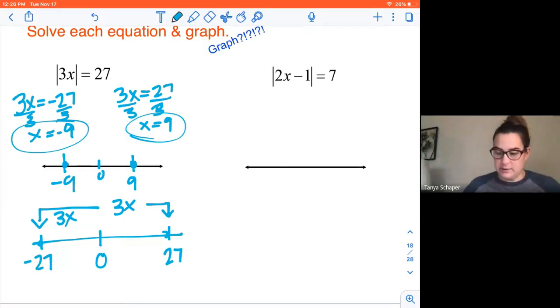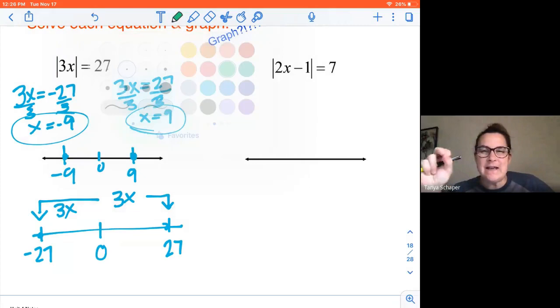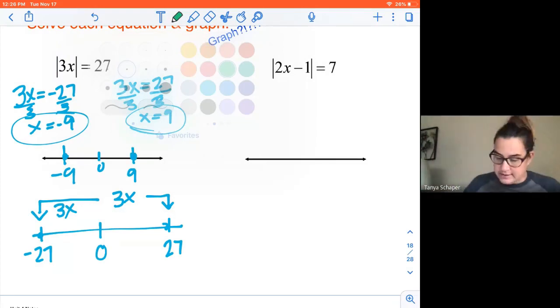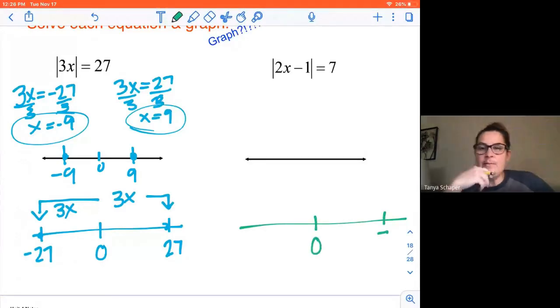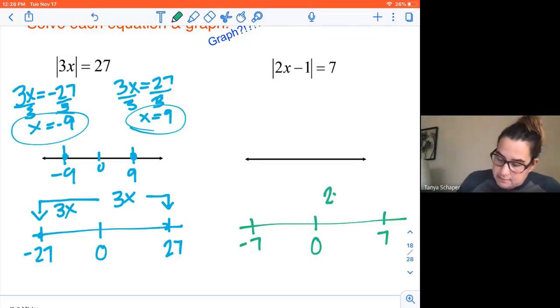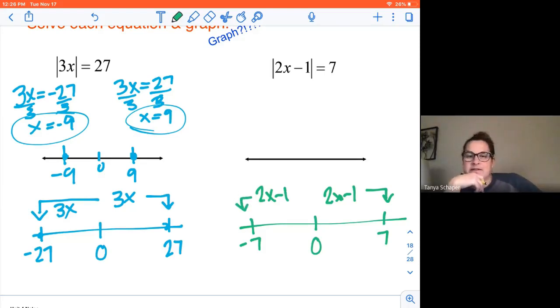Let's take a look at the next one. I have the absolute value of 2x minus 1 is 7. What that tells me is that I need to be 7 away from 0 on the positive and 7 away from 0 on the negative. 2x minus 1 has to get me to 7, and 2x minus 1 has to get me to -7.